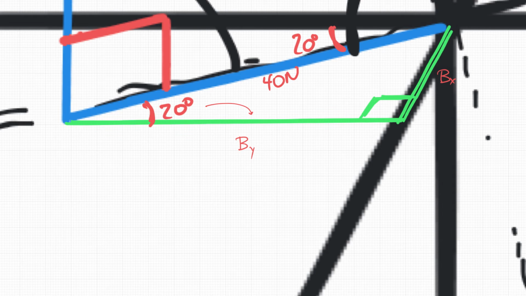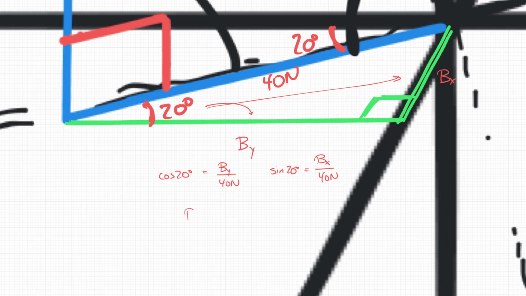So cosine of 20 degrees equals the adjacent B y over 40 newtons, the adjacent over the hypotenuse. And then the sine of 20 degrees equals the opposite, B x, over 40 newtons, because that's the hypotenuse.